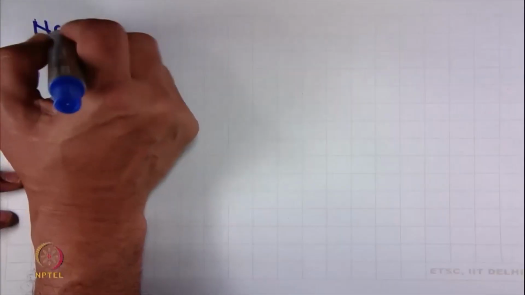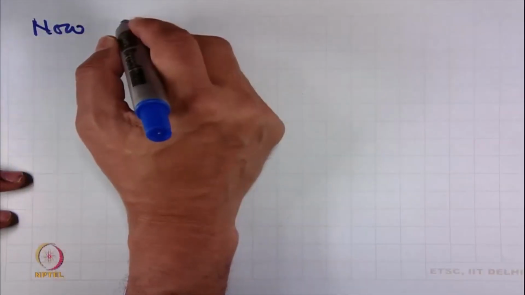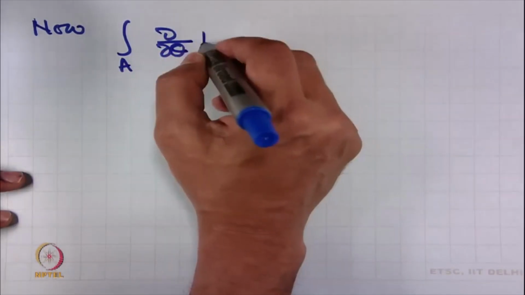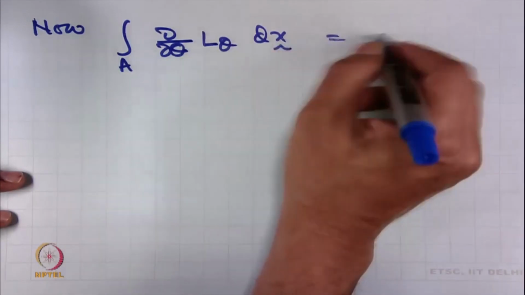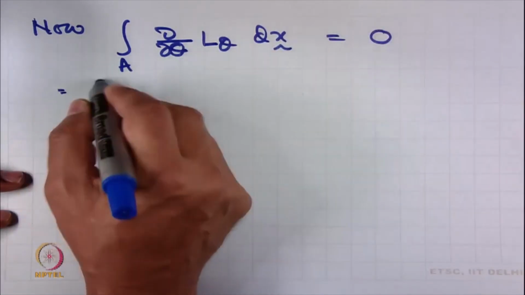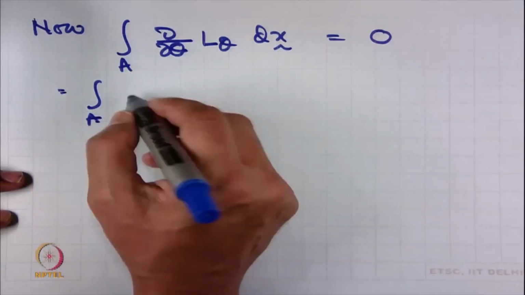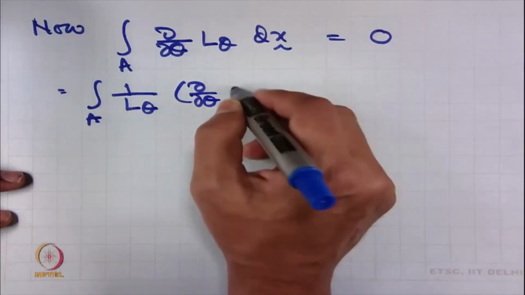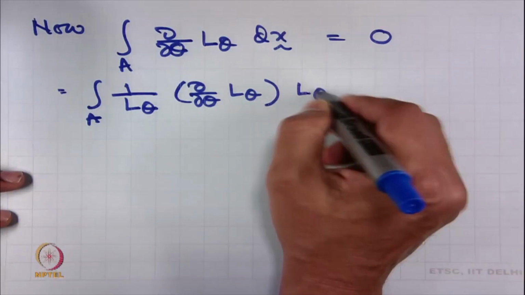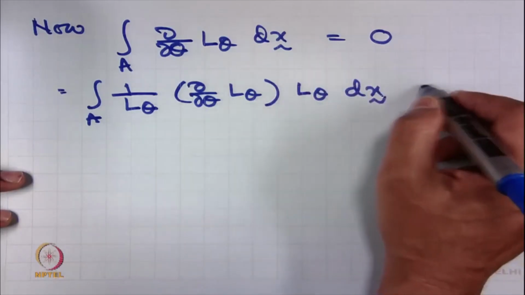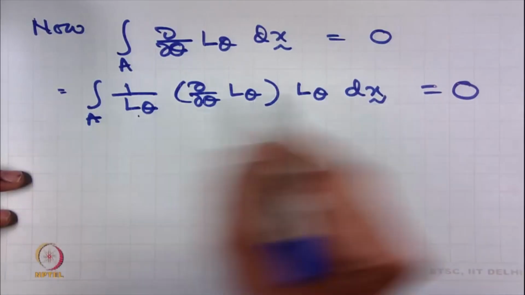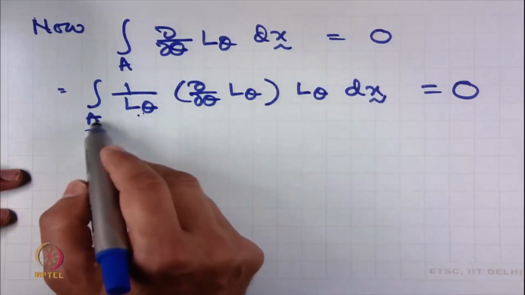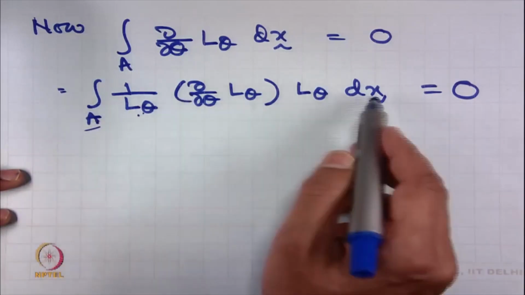Now, integration of del theta of L theta dx is equal to 0. So, let me write it as integration of 1 by L theta del theta L theta into L theta dx is equal to 0. I am dividing and multiplying by L theta, and since I am considering the range where L theta is greater than 0, this makes sense.